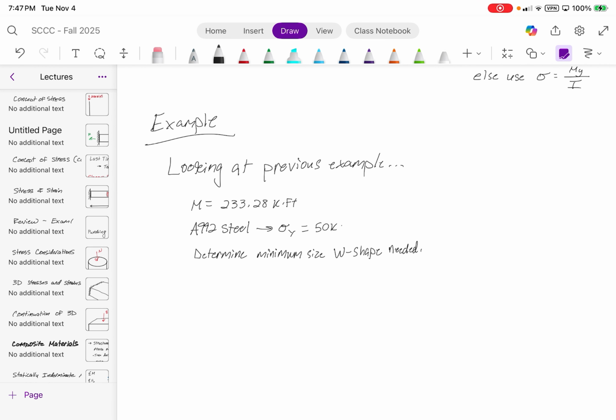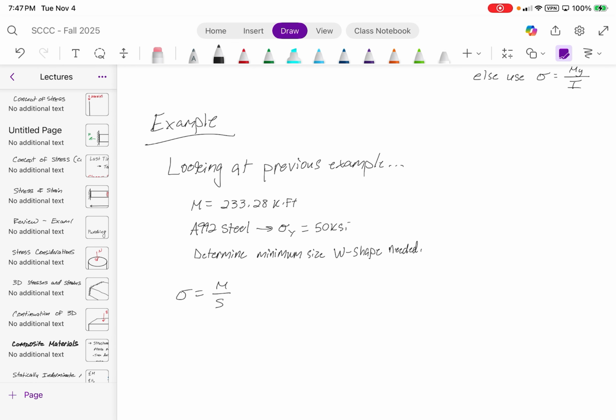So 50 ksi. Next, we write out our equation. Sigma is equal to M over S. We can use this equation because W shapes are doubly symmetric about their cross sections, about the neutral axis. They're symmetric, which means we can just use this very simplified equation.